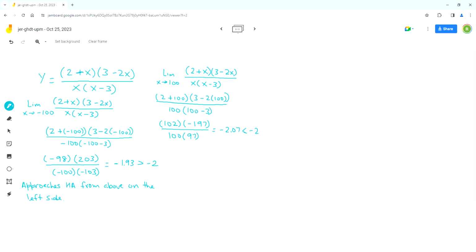So that means this curve approaches the horizontal asymptote from below on the right side. So this is the conclusion for the horizontal asymptote analysis. So now we can use all of our results to sketch the function.